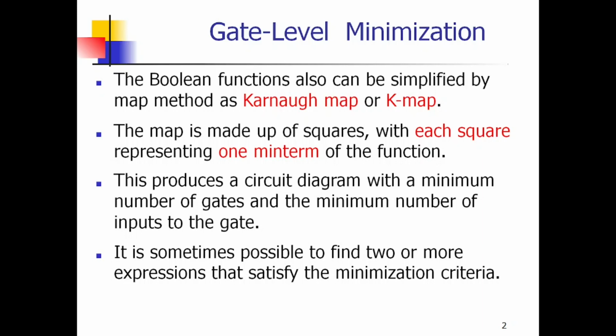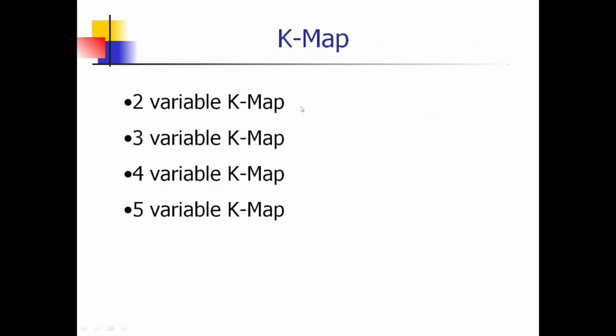Depending upon the mapping and minimization criteria, we get such answers. Such two or more expressions are absolutely correct. And what are the types of K-map? 2 variable K-map, 3 variable K-map, 4 variable K-map and 5 variable K-map.